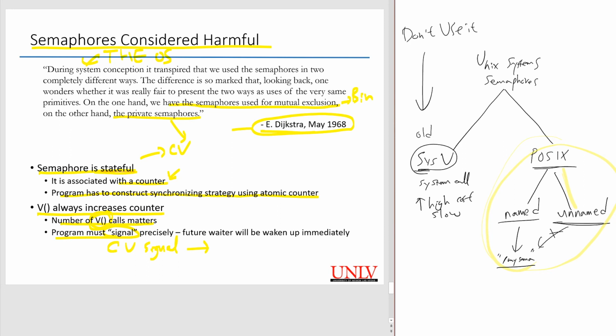So you have to write your code to call V precisely. No more, no less, you have to call the exact number of V's. So the moral of this story is don't use it. Don't use semaphore, especially if you're given the option of condition variable and mutexes.